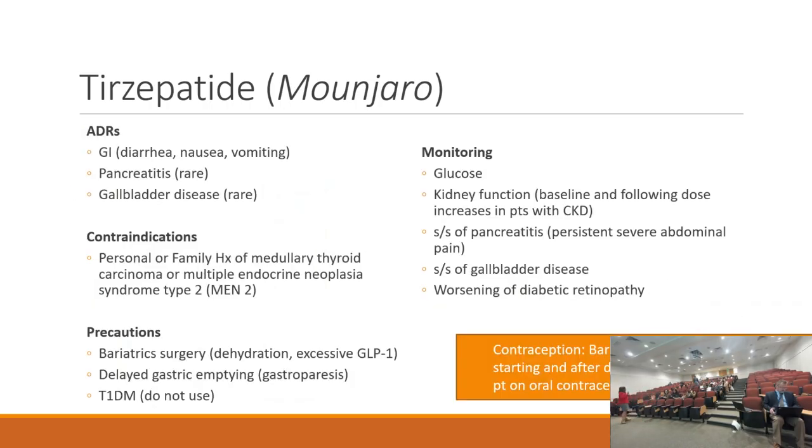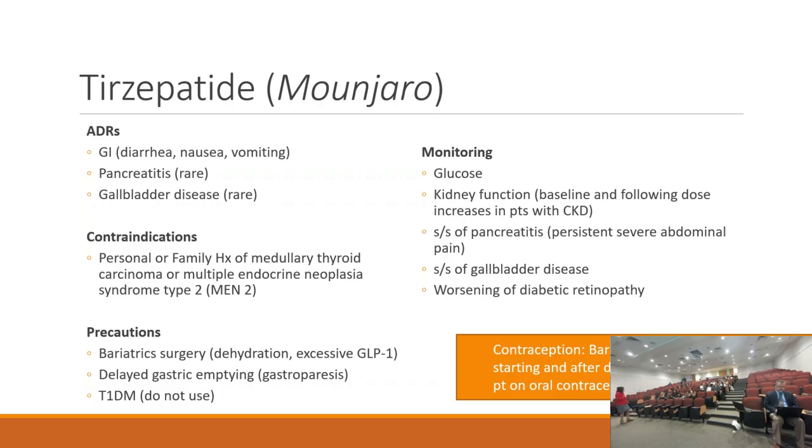Everything on this slide should be very similar to what you've seen on the GLP-1 slide. There's only a couple things that are different. One of these is the specific warning about bariatric surgery. And actually, this is something that could potentially be a warning for any of the GLP-1 agents. In recent years, they've started putting recommendations before any surgery about potentially holding these agents.